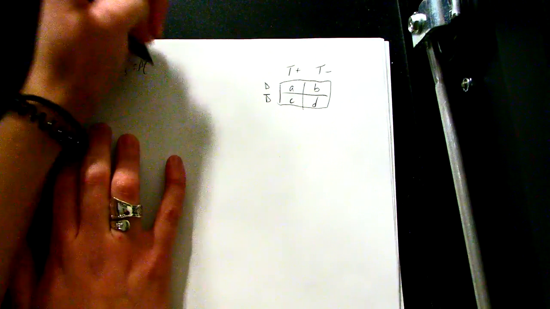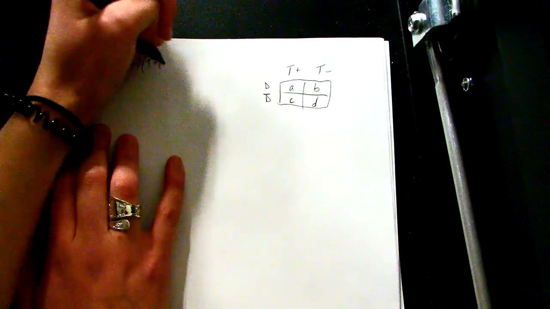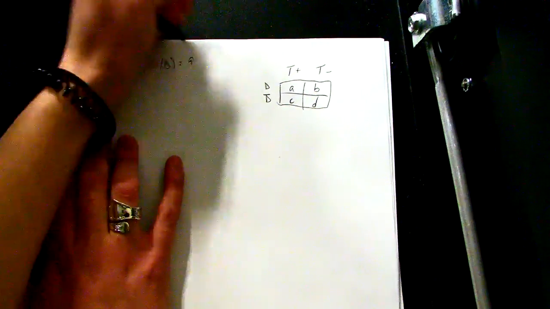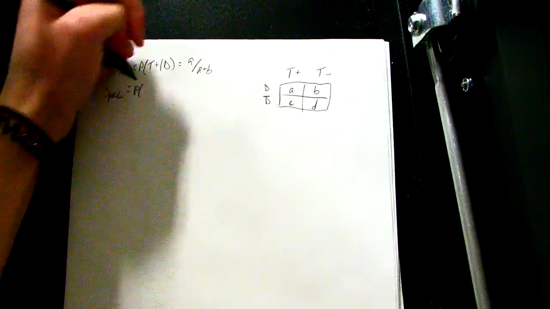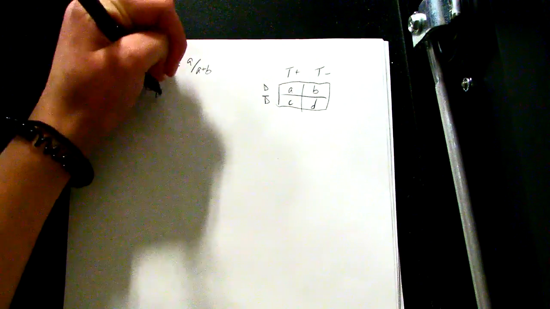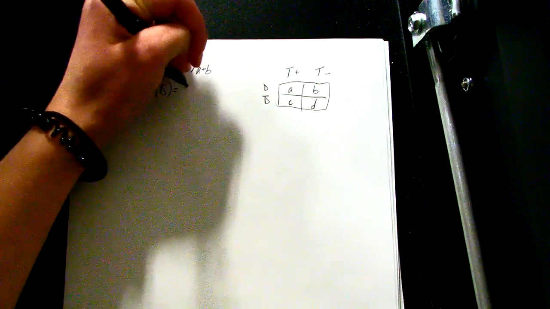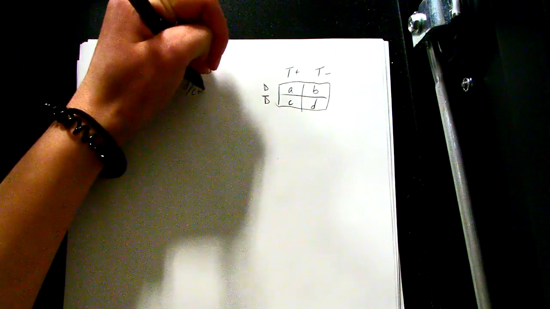Sensitivity is the probability of testing positive given you have the disease, which is cell A over A plus B. Specificity is the probability of testing negative given you don't have the disease, cell D over C plus D.